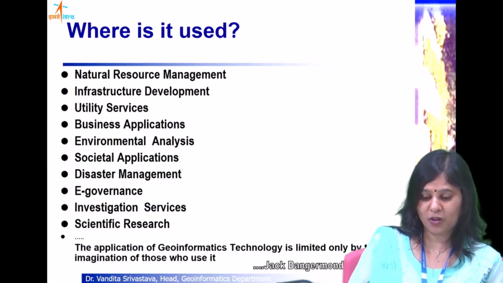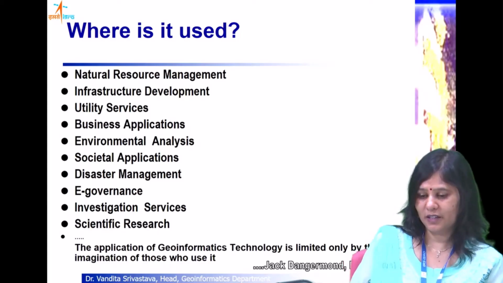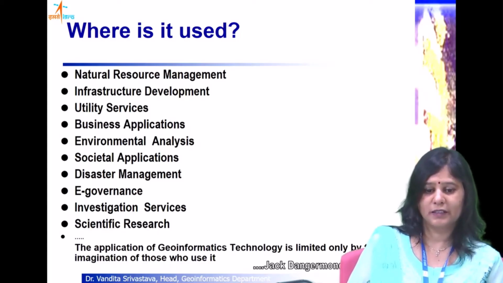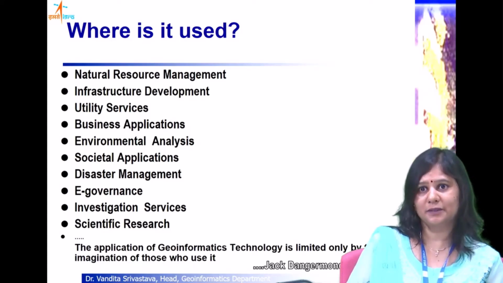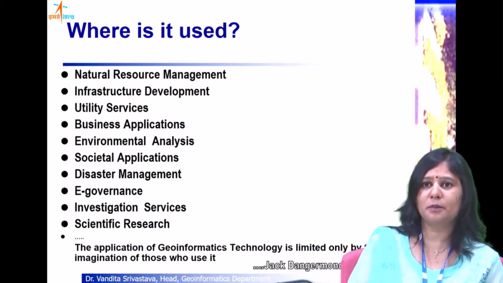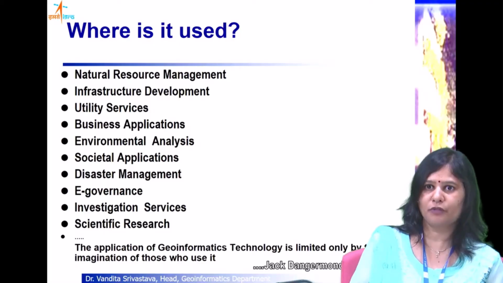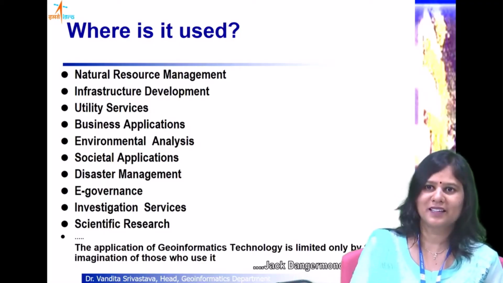This is a famous quote, a statement made by Jack Dangermond, who was the ISRO president, and this is very much relevant even today, that a lot of applications of GIS are emerging, because everything that we see around us has got a geographic relevance, more or less.